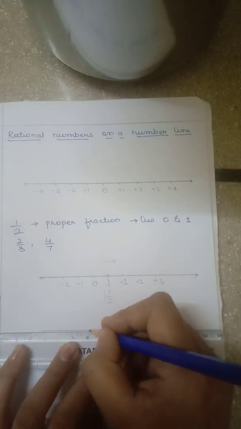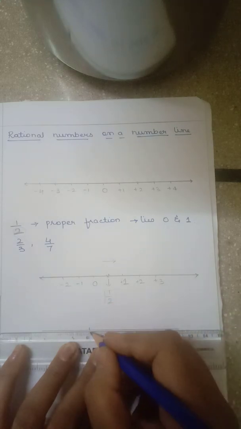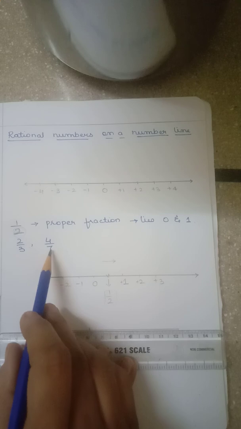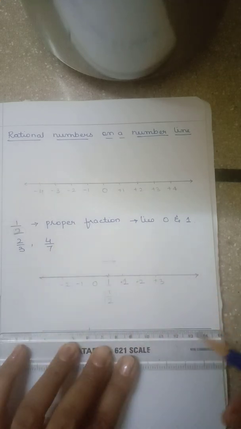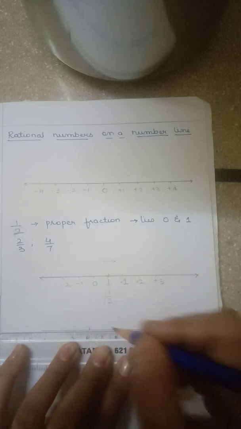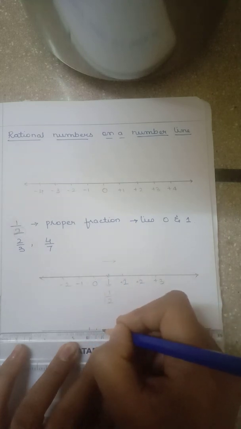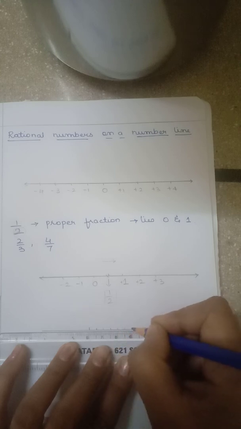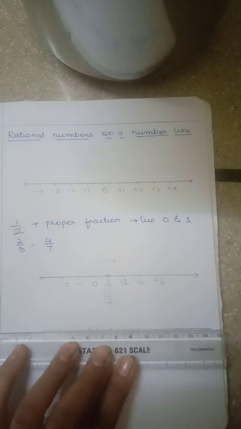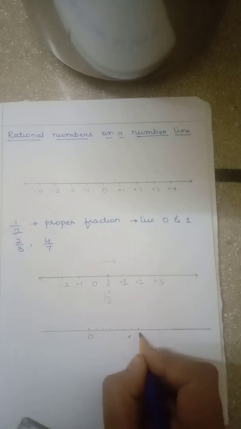So enlarge that part. Now for example, if this is 0, now see the denominator. Denominator is 7. So I have to make 7 equal parts in between 0 and 1. So I'll make 1, 2, 3, 4, 5, 6 and 7. So this is 0 and this is 1.